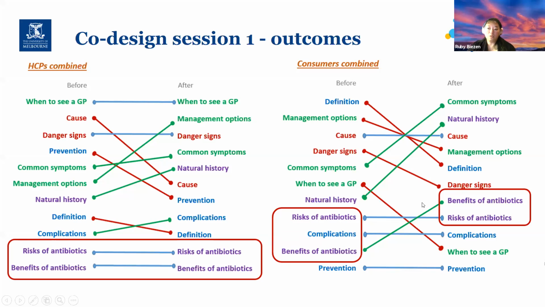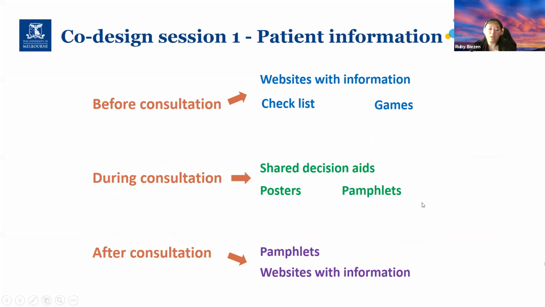In the same co-design session, we also asked patients what type of information they would see as beneficial before, during, or after consultations. Here are some suggestions from the participants.